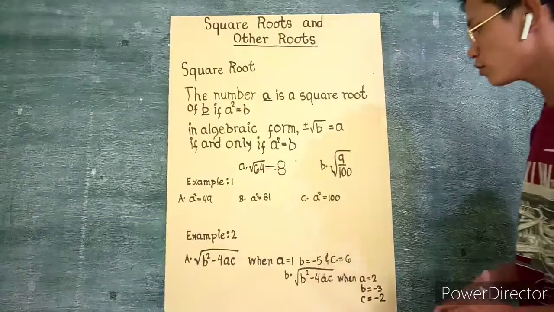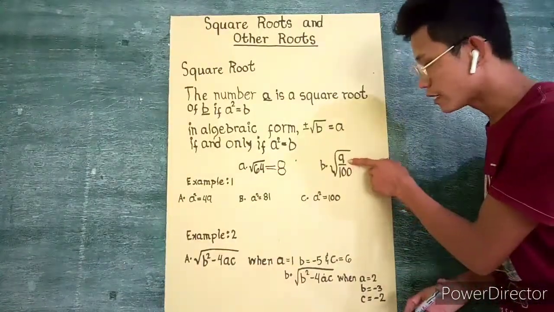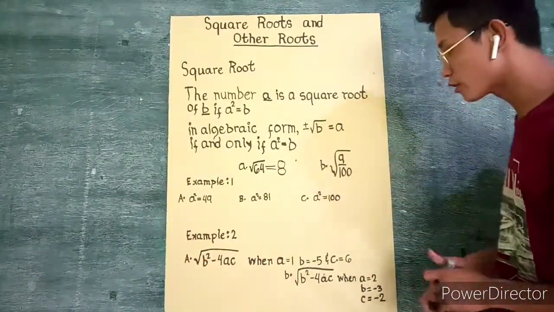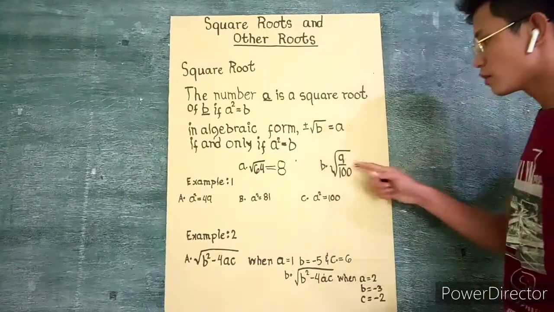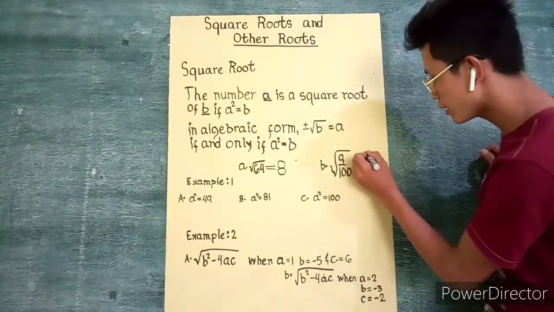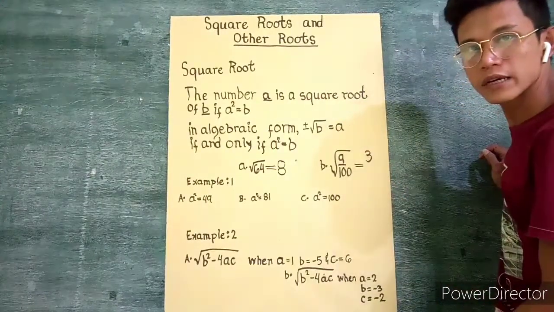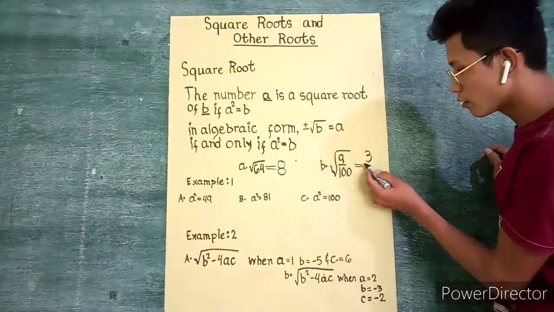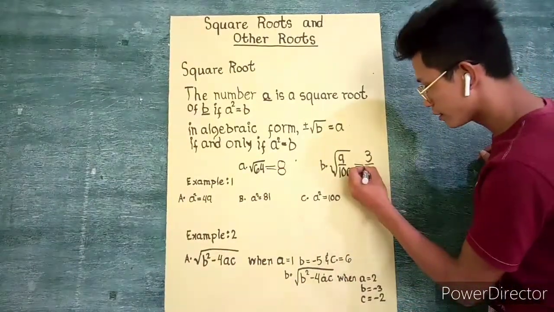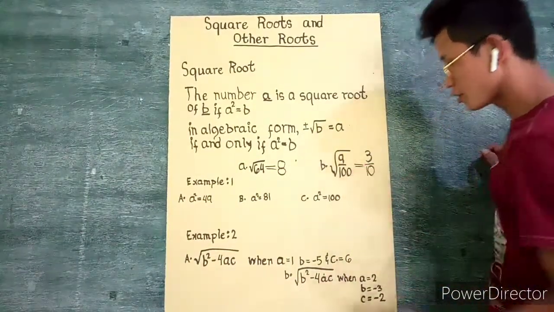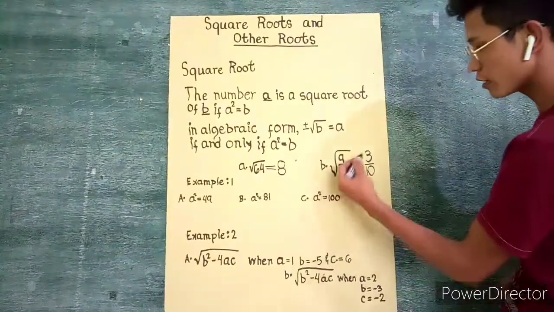Because it is a perfect square number, we are going to find the square root. So the square root of 9 is 3. Then over the square root of 100, it's 10. So that is the final answer for this example.